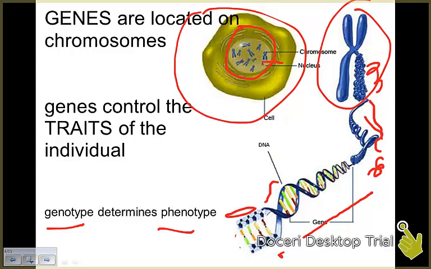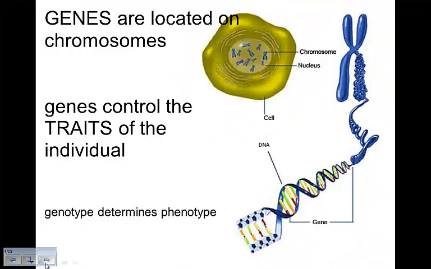That's the phenotype. Phenotype is blue eyes. Genotype would be little b. And it is the genes that control the traits of an individual. So whatever their traits are, tall, short, curly hair, wavy hair, straight hair, blonde hair, whatever, the genes are what actually control that.